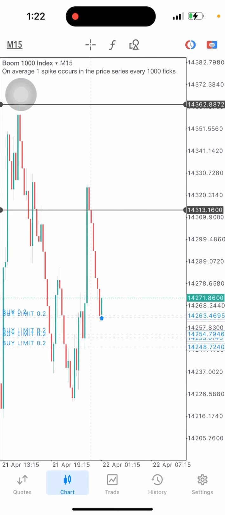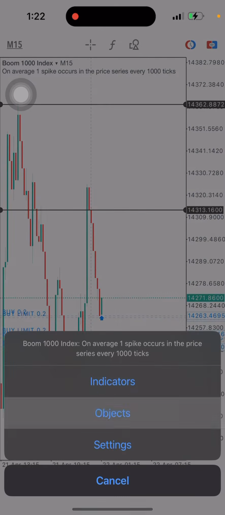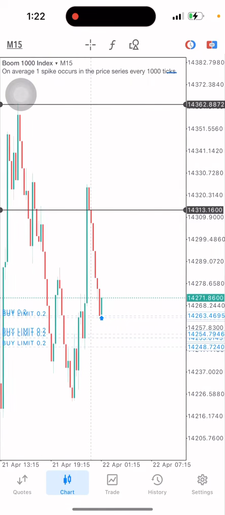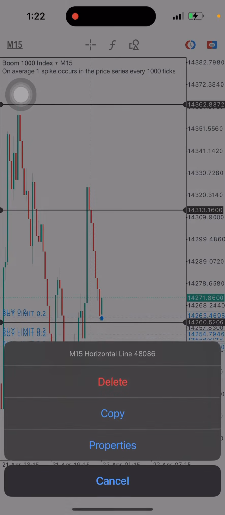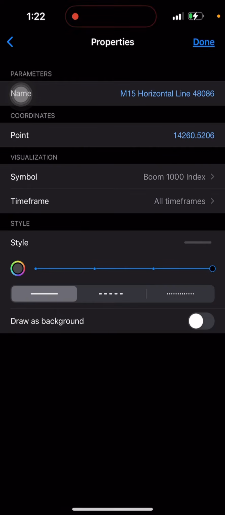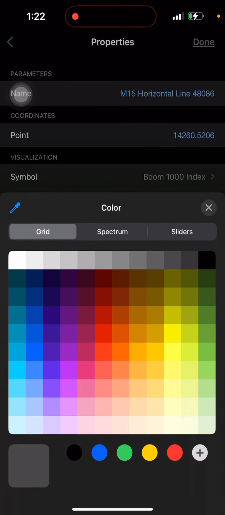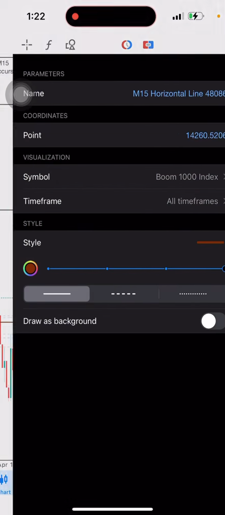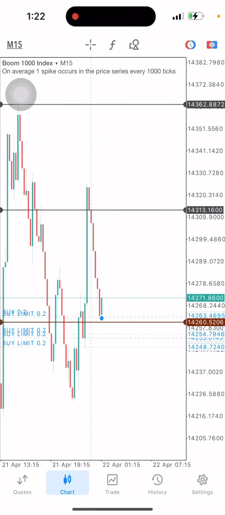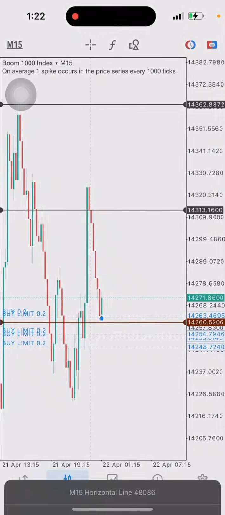So you're going to identify 14,260 on your chart. This is 14,260. Now let's change the color of this line. And done. Let's make it a little bit different.